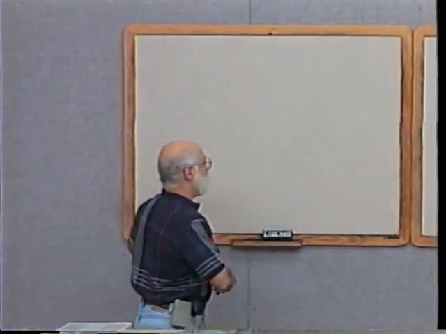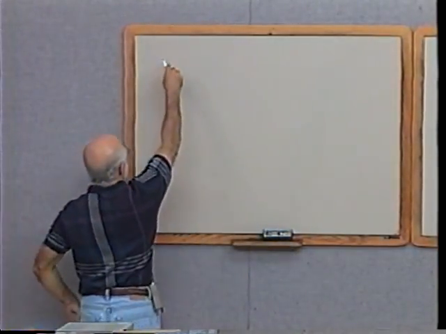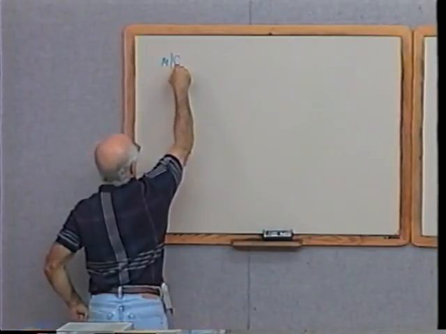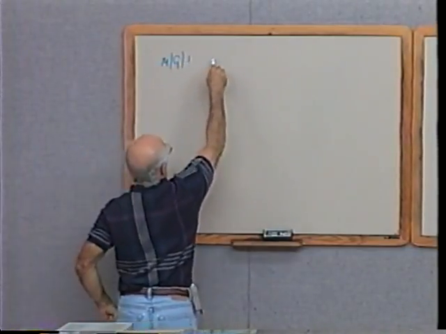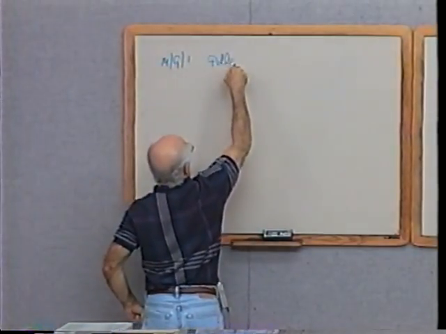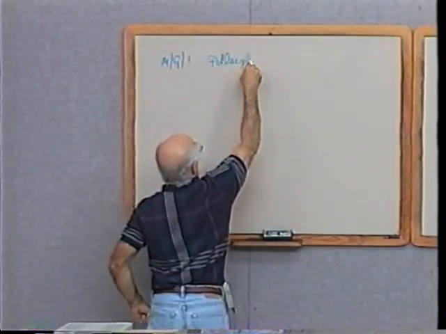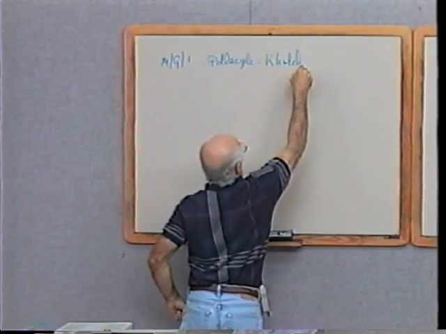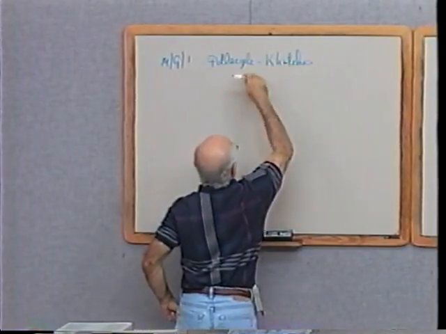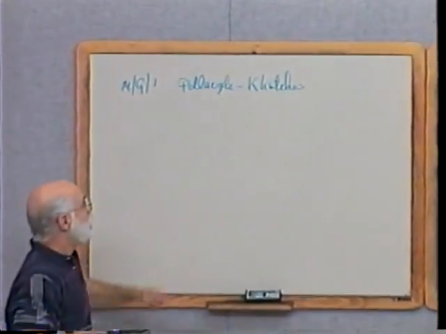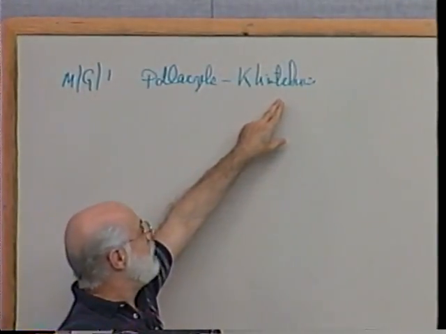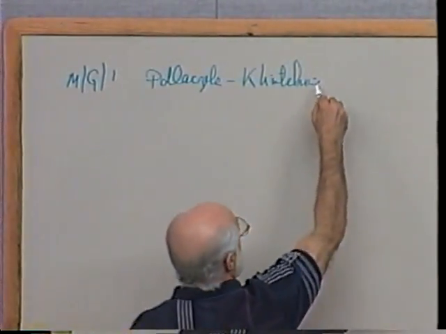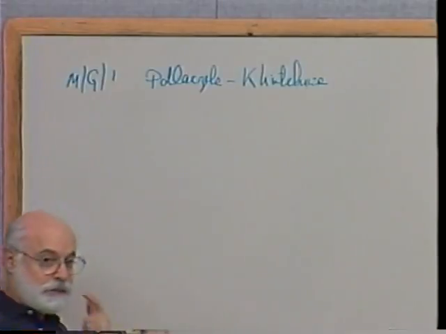Okay, so here is my Pollaczek-Khinchine formula for M/G/1. That's P-O-L-L-A-C-Z-E-K and K-H-I-N-T-C-H-I-N-E. At least that's one spelling of it.